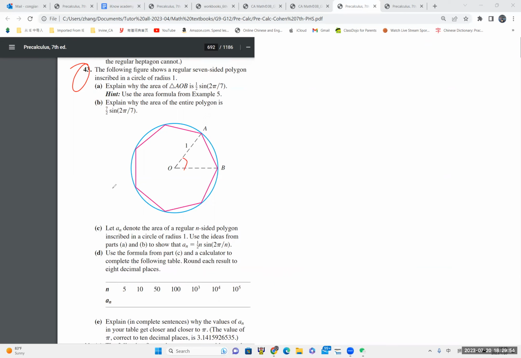Then per the formula, area of triangle equals half a times b times sine theta. Both sides, OA and OB, have a value of 1. So we get this.